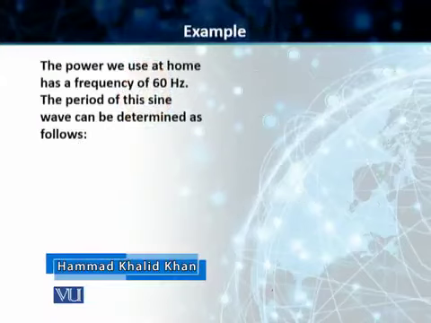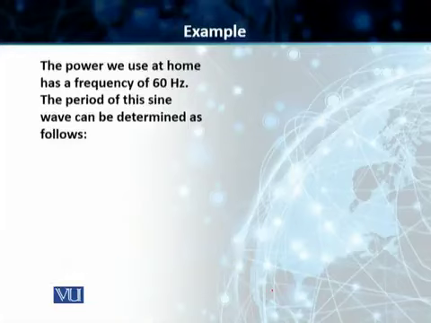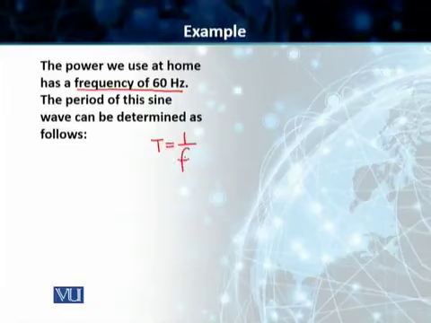So students, in the first example, we'll see what the period of a power sine wave is, which normally represents the power that we use at home. Students, we know that the frequency of the power that we use at home is 60 Hertz. Now, to calculate the period, we employ the formula that we already know, which is period is equal to 1 over f.